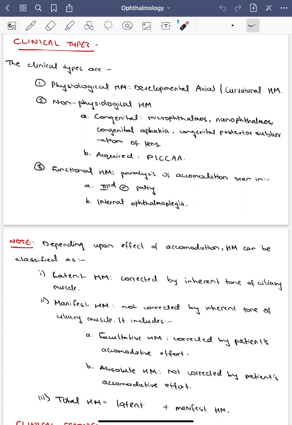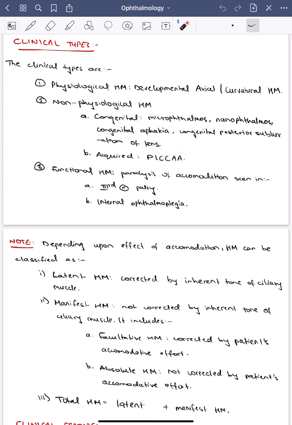Now, this may be congenital or acquired. Now, the congenital causes are microphthalmos, nanophthalmos, congenital aphakia, congenital posterior subluxation of the lens. Okay, so these are the congenital causes of non-physiological hypermetropia, and the acquired causes of non-physiological hypermetropia, as we've discussed, are PICCAA, that is positional, index, curvatural, consecutive, axial, and aphakia.